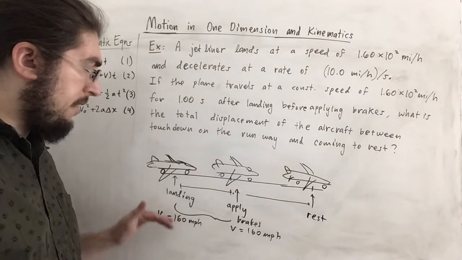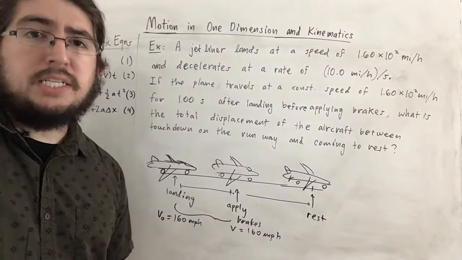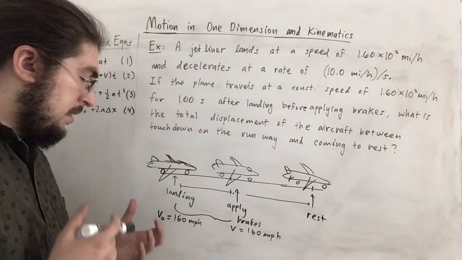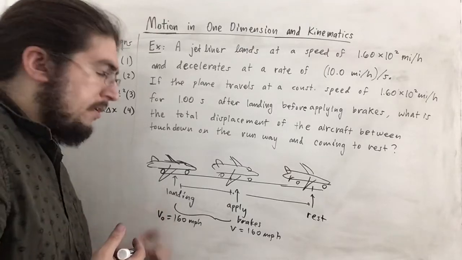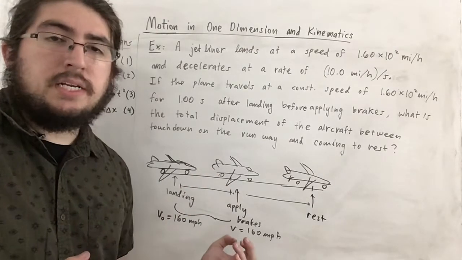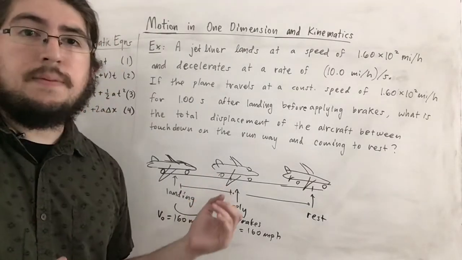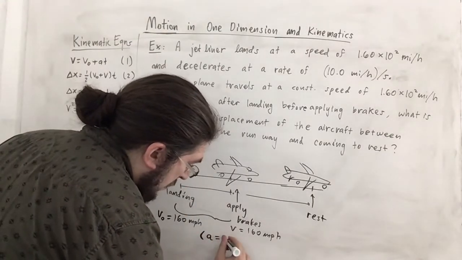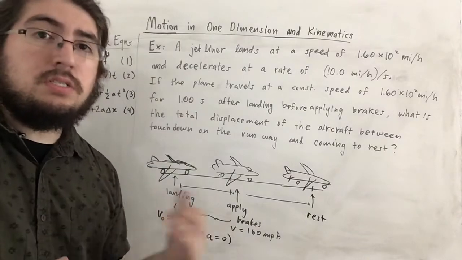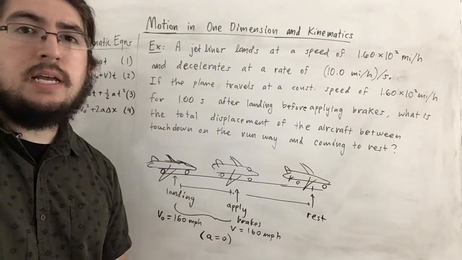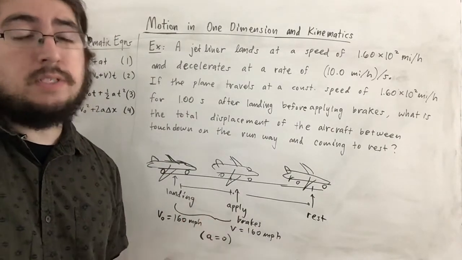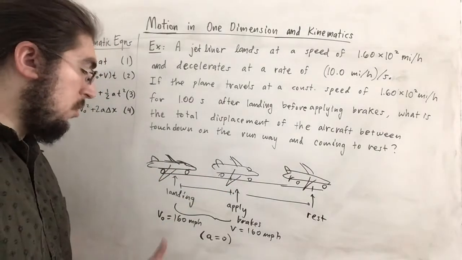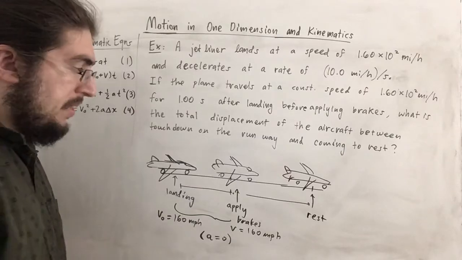And by the way, here, if our velocity is not changing, it's a little weird to think of, but let me just try to make sense of this. If your velocity is not changing and stays the same, that means your acceleration must be 0. Because acceleration is the rate at which velocity changes. And if the velocity is not changing, then there was no acceleration. So it's coasting, it's staying the same speed. No acceleration was applied.